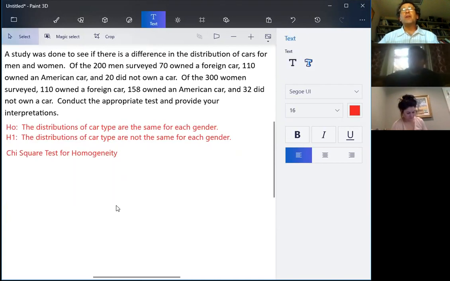Have you heard that word before, homogeneity? Have you heard of homogenized milk? Same idea. A test for homogeneity is to see if it's all the same. That's what homogenized is: it's all in there the same.